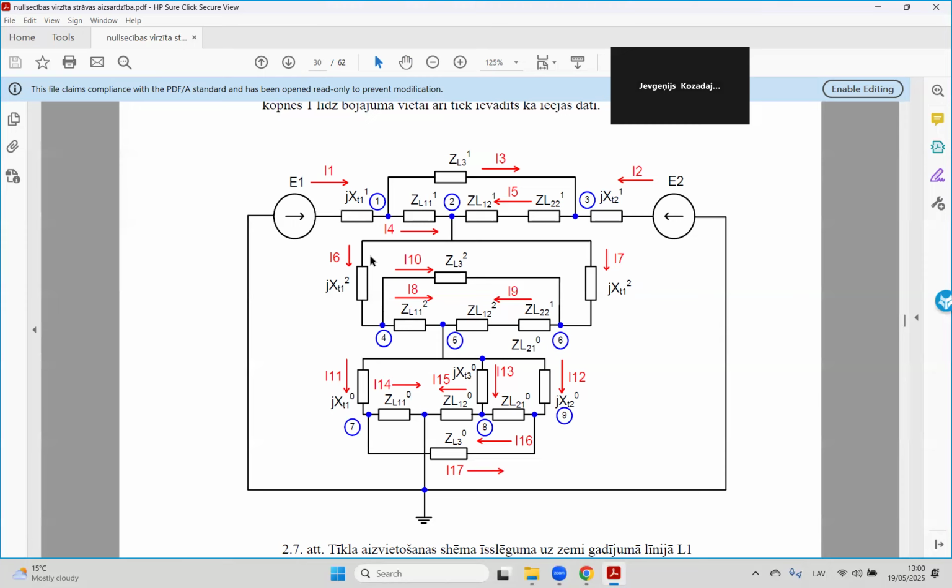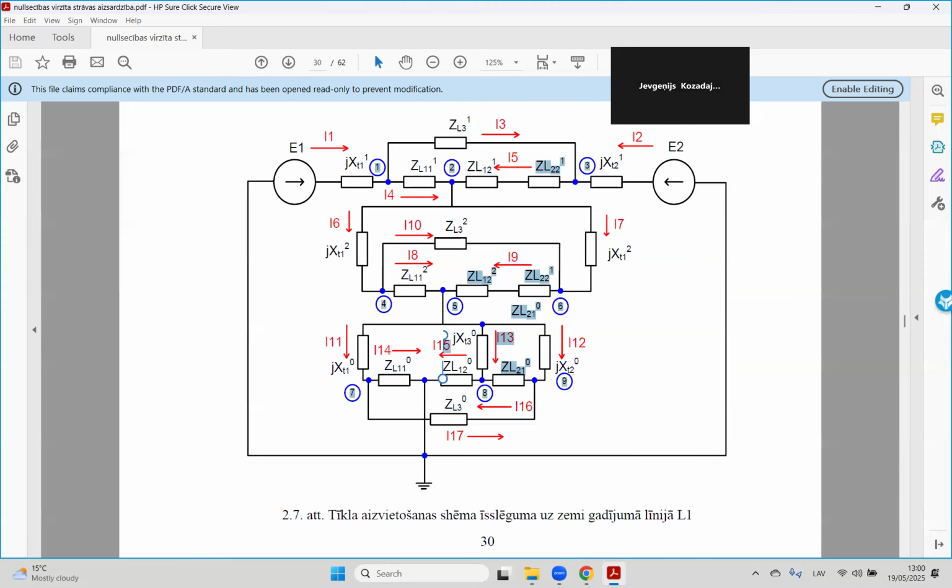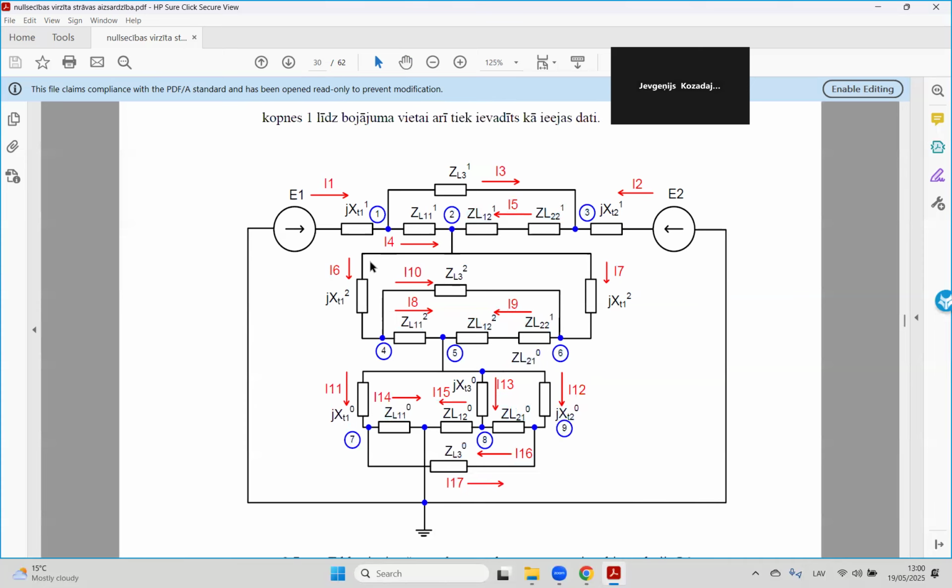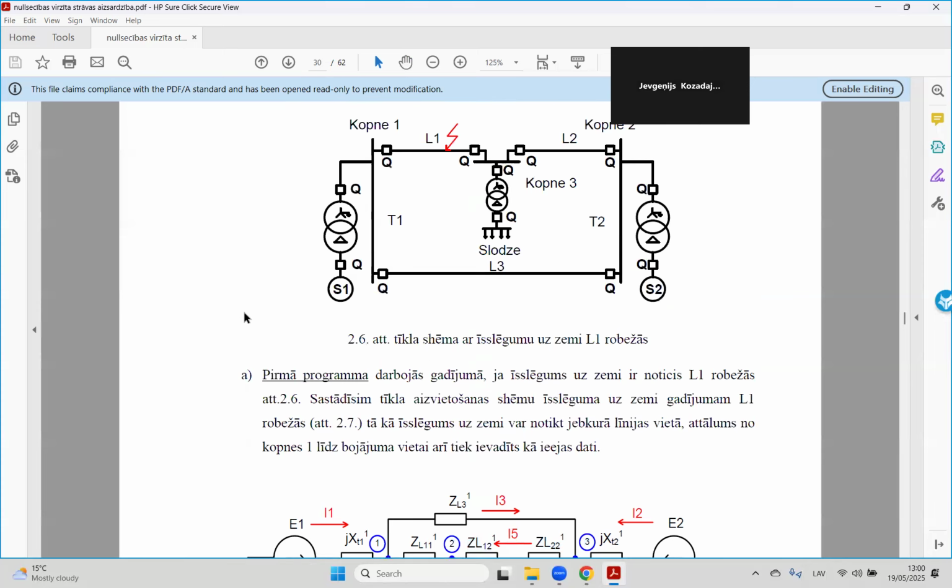Here you see we have line number one before the fault, after the fault, L1. Here is line number two. Maybe I'll put it a bit up. See, line number one and line number two are in series here, and the fault is here.